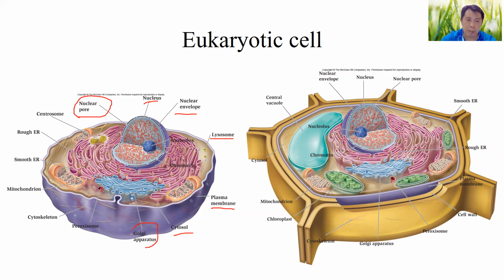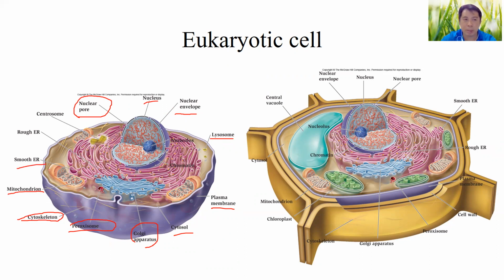Golgi apparatus, sure, you know the function. The peroxisome, I think you don't know about because you didn't study it in secondary school, and also the cytoskeleton. Mitochondria, you studied.